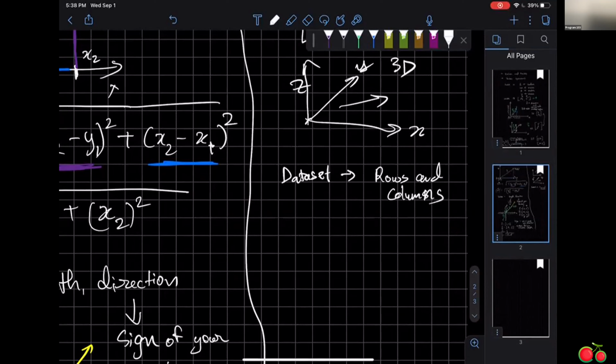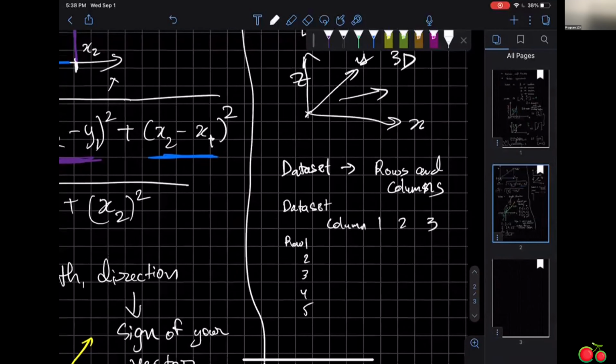Suppose I give you a data set where I have row 1, 2, 3, 4, 5. I have column 1, 2, 3.